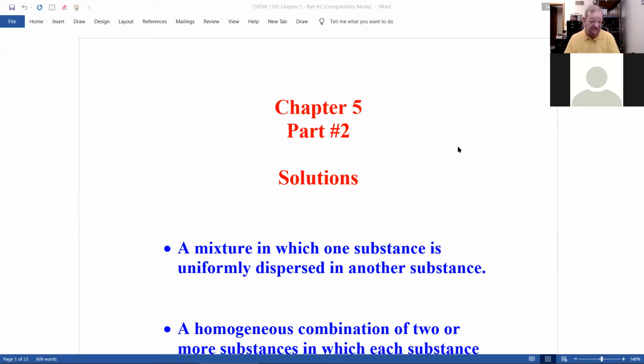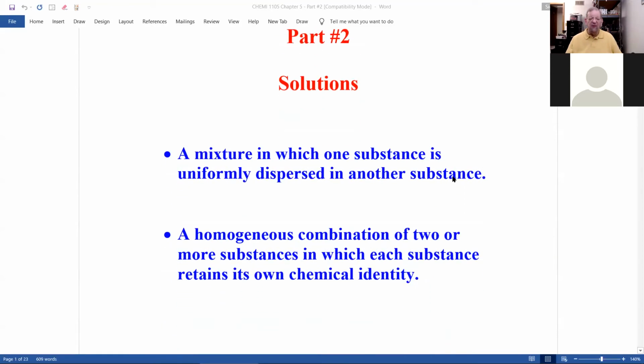All right, this chapter is about solutions. What's a solution? Good question. You should know there are different ways of defining this. One way is it's a mixture in which one substance is uniformly dispersed in another.